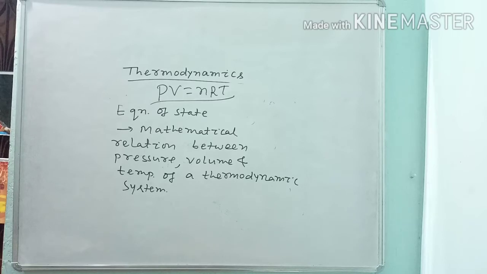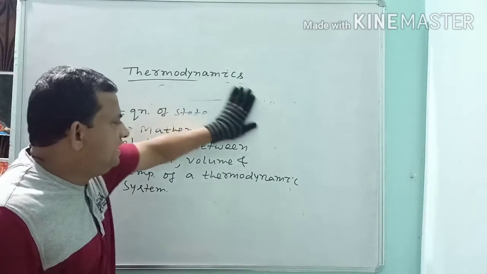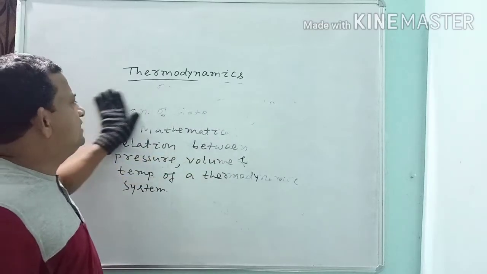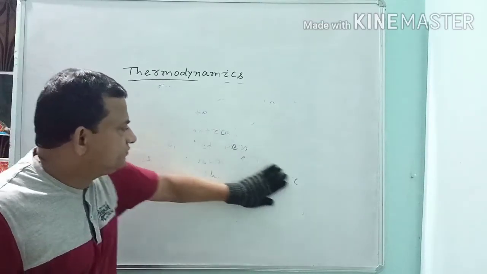So this is the equation of state. PV is equal to nRT. So these are the terms needed to represent a thermodynamical system.